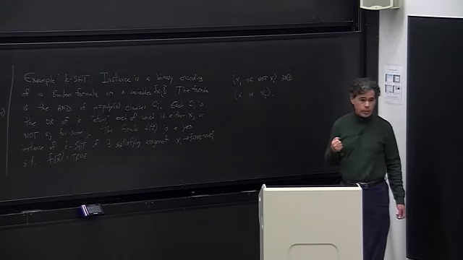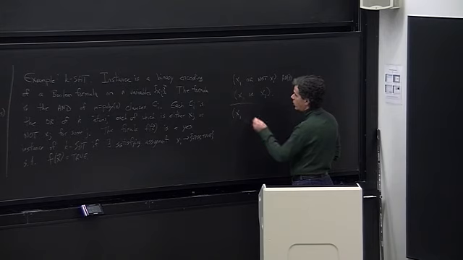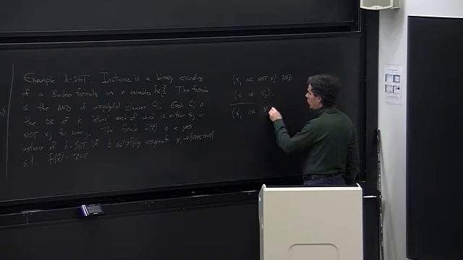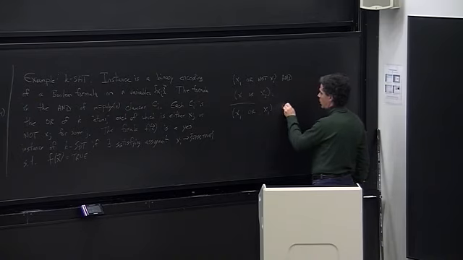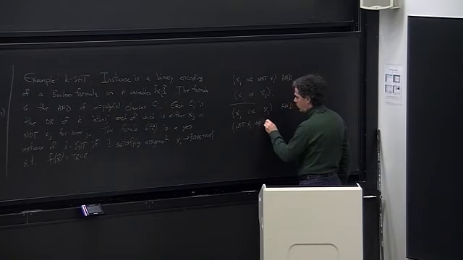But you can also easily come up with things that can't be satisfied. So here's an example, again with two variables and two clauses. We can have (x1 or x1) and (not x1 or not x1).